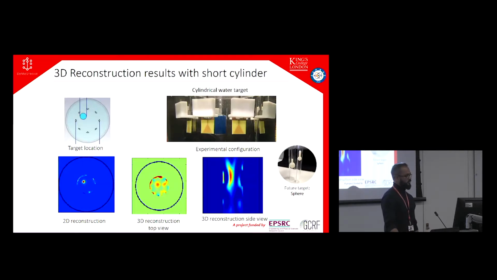However, it's 4 centimeters, a limited length, and we've obtained good results in both cases, 2D and 3D. The one on the far right is the 3D case from the side view, which shows that it actually reconstructs only along the length, which is 4 centimeters in this case.